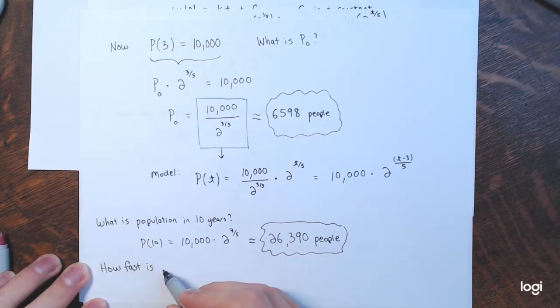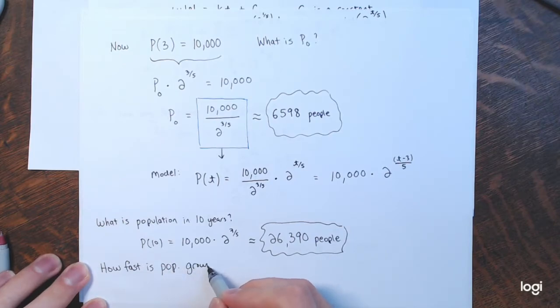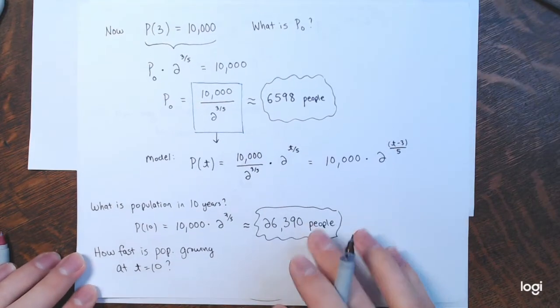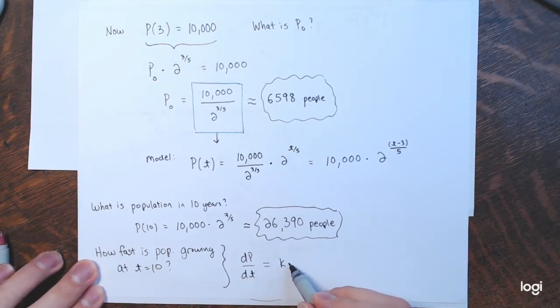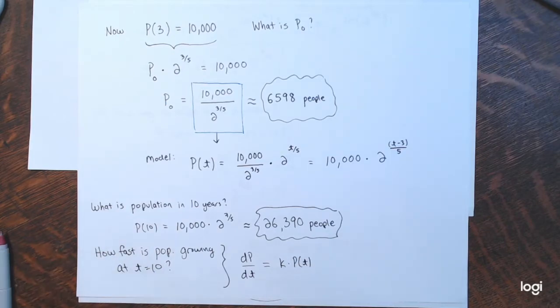So how fast is the population growing at this 10-year mark? Well, recall from the very beginning that the rate at which the population is changing, dP/dt, is k times P of t. It's proportional to the population at that time.